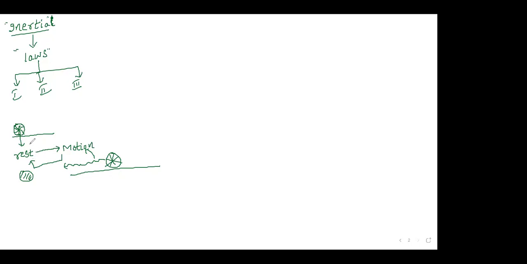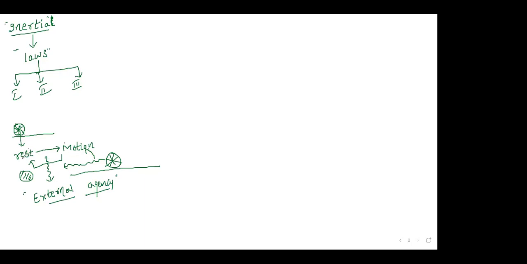In order to change this inertia, from rest to motion, from motion to rest, we require an external agency for this. So an external agency is required to change the body from rest to motion or from motion to rest.